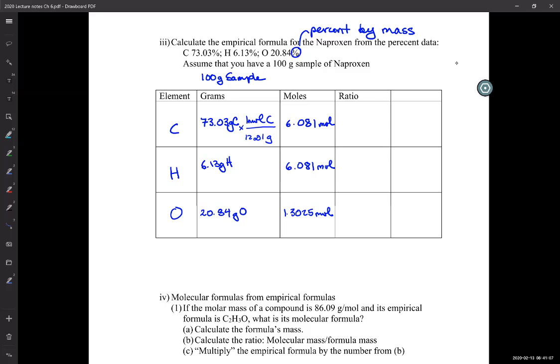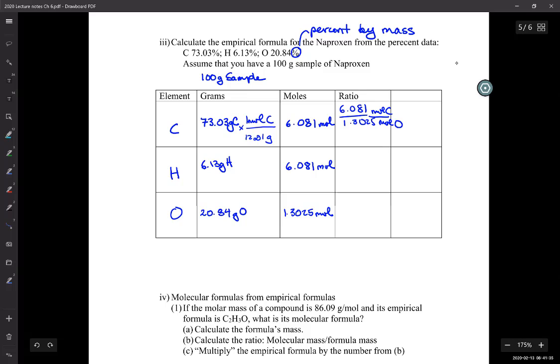So which one do I divide by? The oxygen. Yeah, the 1.3025, right? So I'm going to take 6.081 and then divide by 1.3025. This is moles of carbon to moles of oxygen.